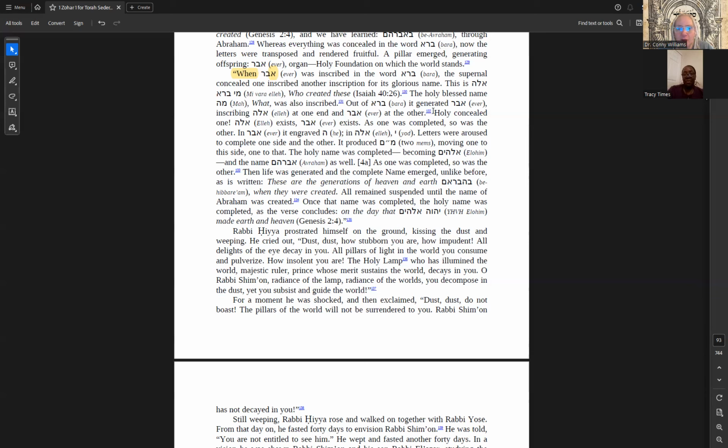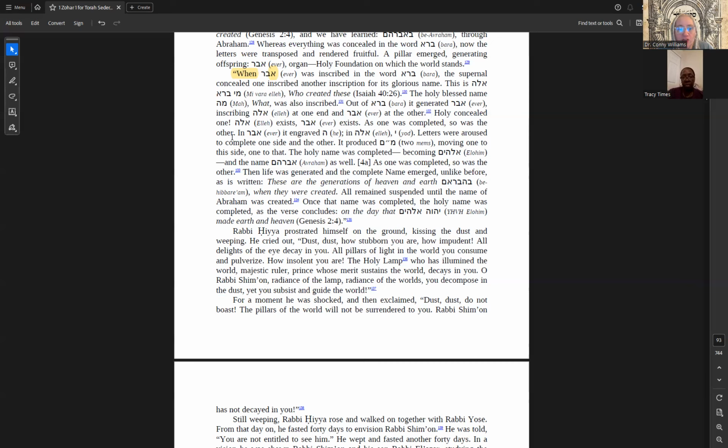All right, moving along. Holy concealed one, Ele, exists. Eber exists. As one was completed, so was the other. Now remember, we are talking about the Sephirot. In Eber, it engraved Hey. In Ele, Yod.